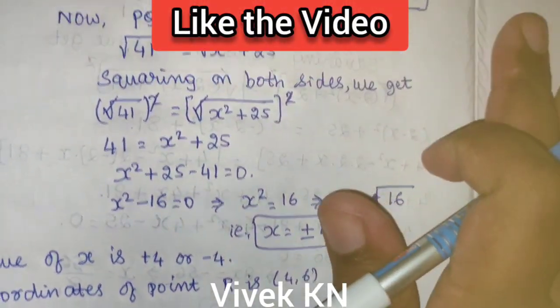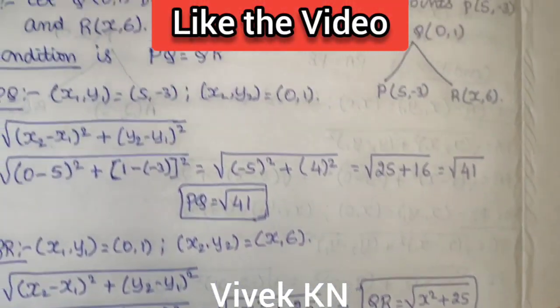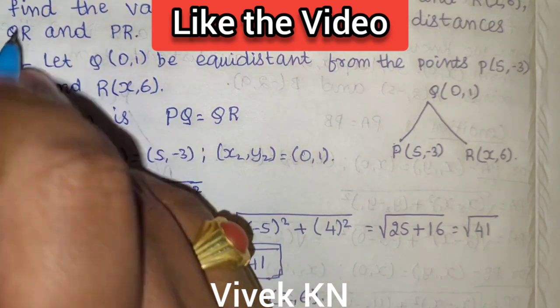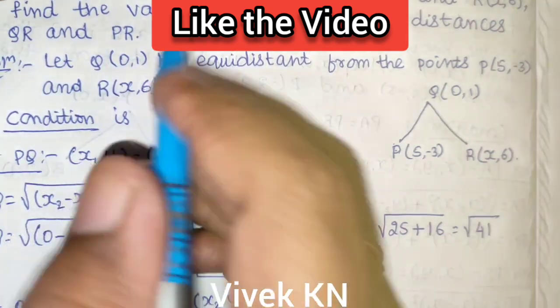Now we have to find the distance between the points QR and PR.